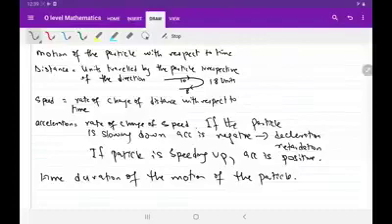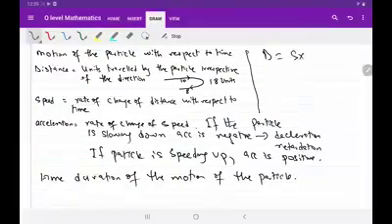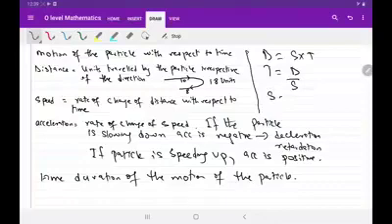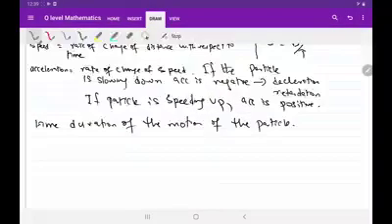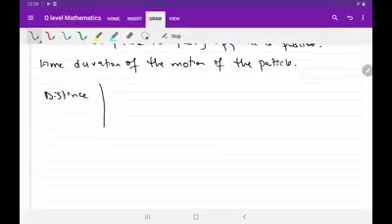There are certain basic formulas that you are usually aware of. Distance is speed into time. Time is equal to distance upon speed, and speed is distance upon time. Distance can be in meters or kilometers.